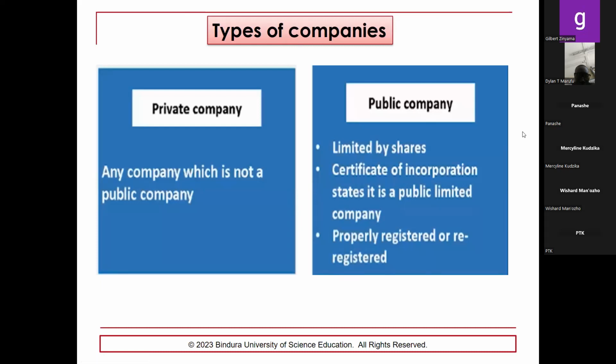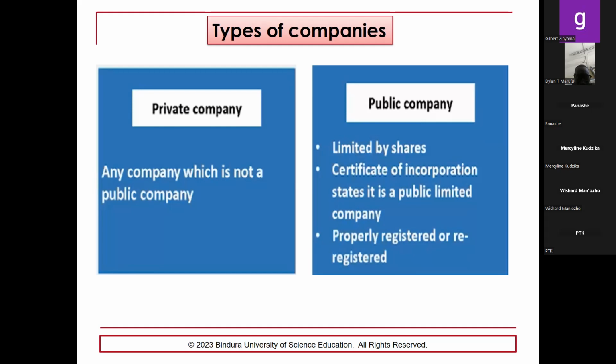So let's look at the different types of companies that we have. When you decide that you want to register your business as a company, the first step that you take is to register it as a private company. A private company is basically a company that is owned by at least one shareholder.